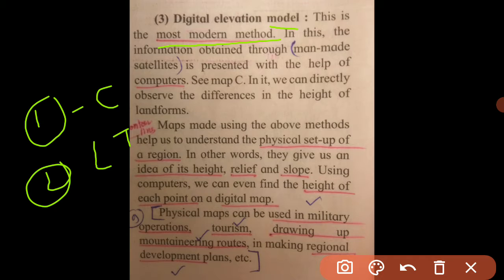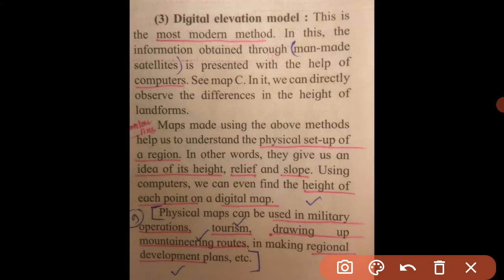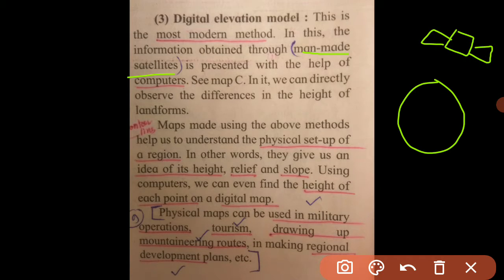In this, the information is obtained through man-made satellites which revolve around our earth.